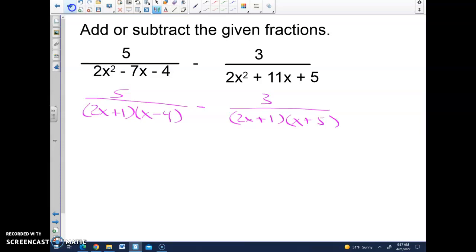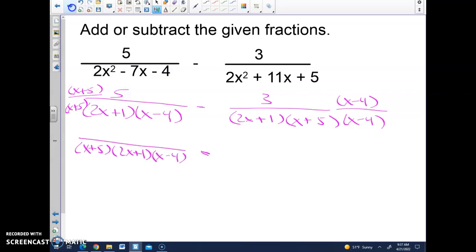The 2x plus 1 is common to both problems. So it's x plus 5 I have to get in over here. And it's x minus 4 I got to get in over here. The denominator is x plus 5, 2x plus 1, x minus 4.